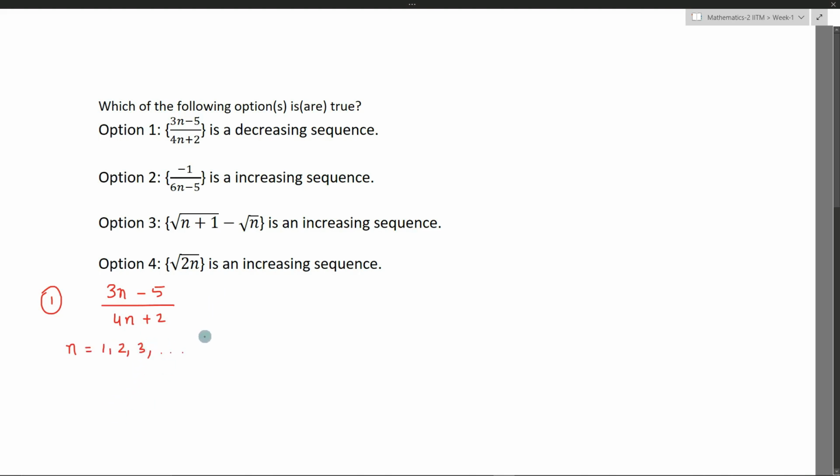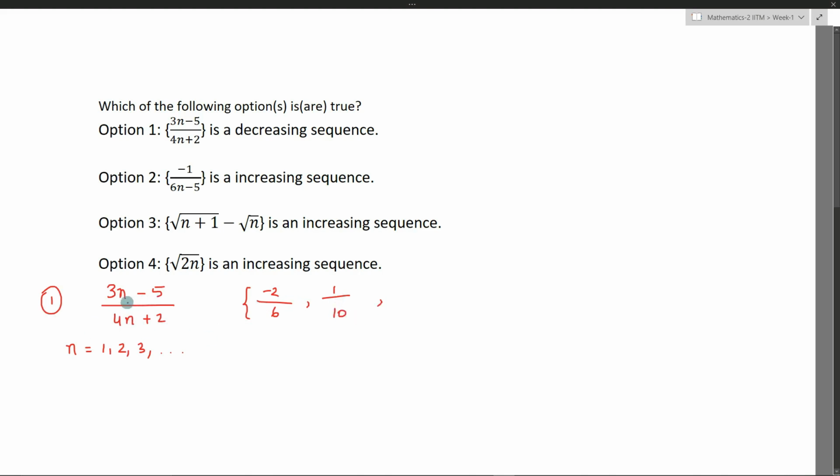If we substitute n as 1, the sequence that we will get is 3 minus 5 is minus 2 divided by 4 plus 2 is 6. If we substitute 2, we have 6 minus 5 is 1, divided by 4 into 2 is 8 plus 2 is 10.